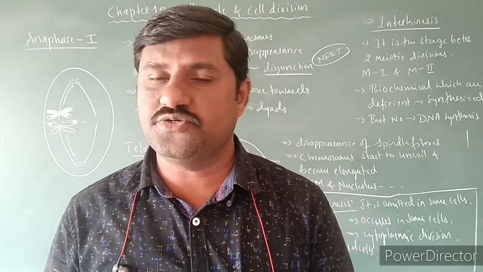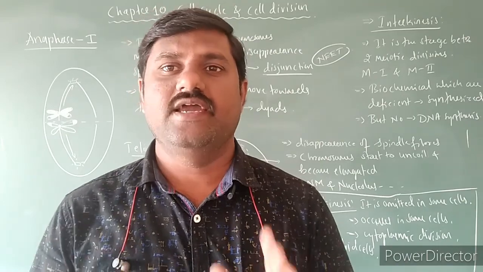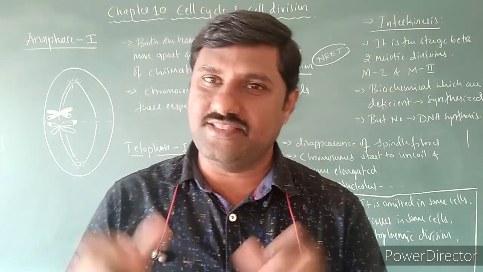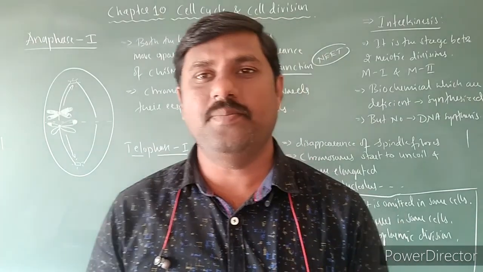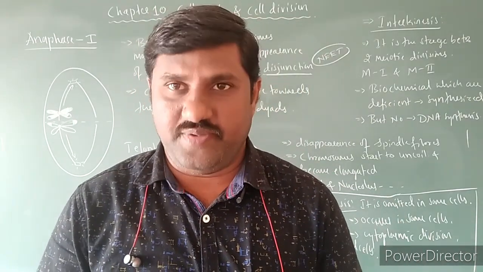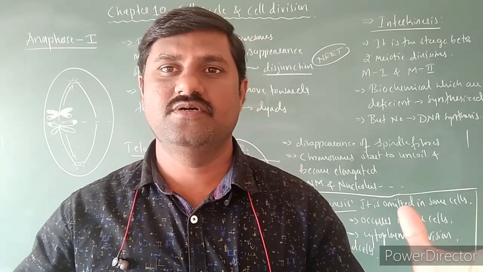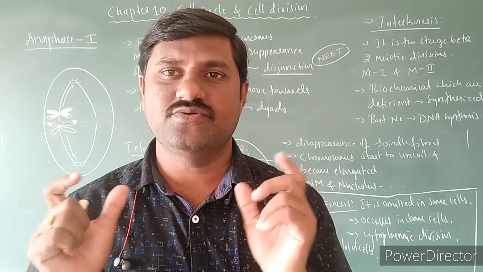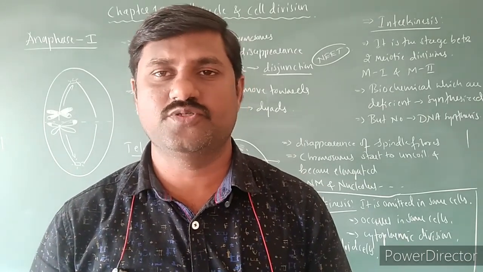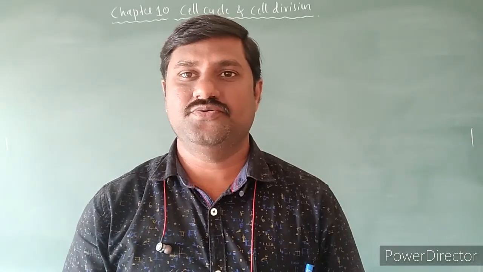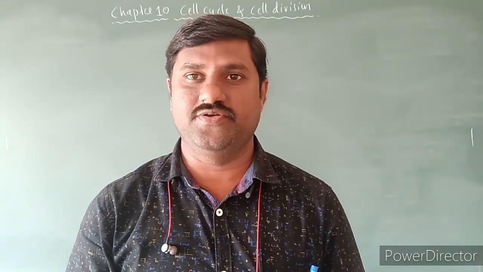And meiosis 2 is just like mitosis, with no difference. The chromosomes simply separate and form two equal-sized cells with the same number of chromosomes in the daughter cells. Meiosis 2 we will discuss in the next video. Thank you.